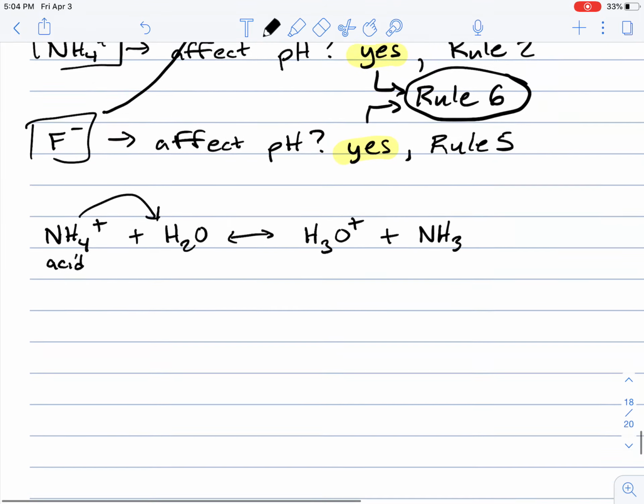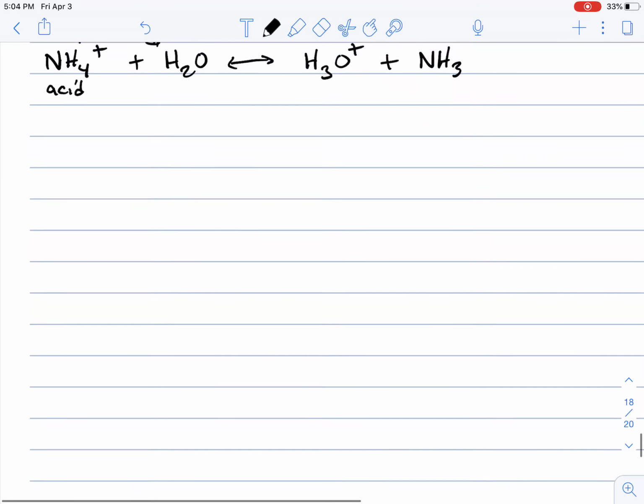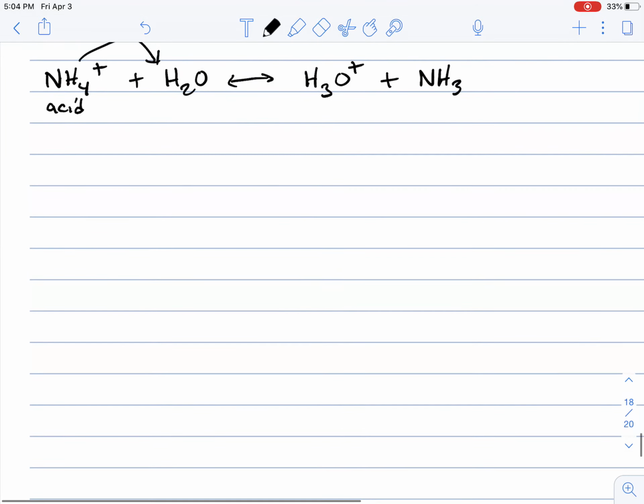And so for the second part, F minus, we're going to react it with water. We're reacting it with water because that's the only substance that these two ionic compounds can interact with. So I'm just going to put F minus at the bottom, and I'm going to react it with H2O.